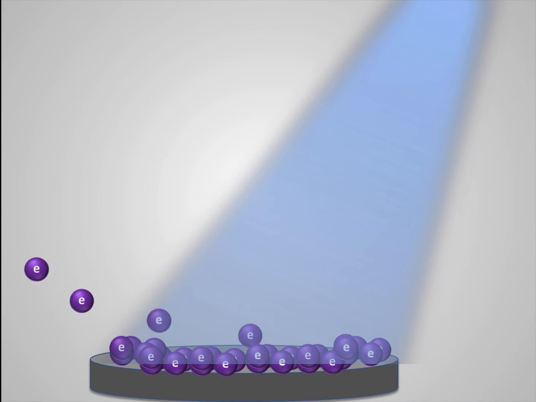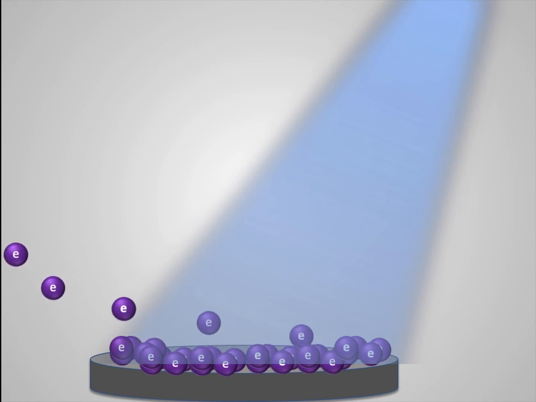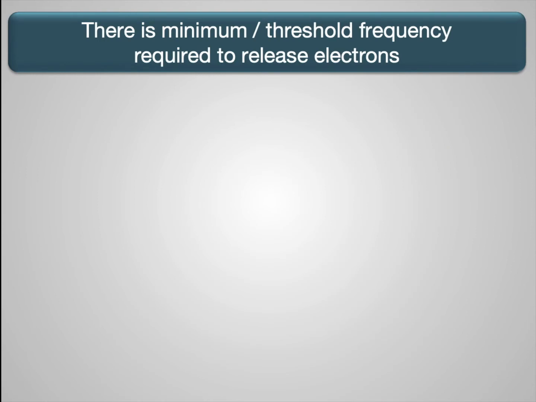What you observed is, as you increase the frequency from red to blue, the emission occurs. Nothing happened to the brightness, nothing happened to the intensity of light, but only the frequency has increased. So the observation is that there should be a minimum frequency, and only above that is this going to happen. Let's see how particle theory successfully explains that.